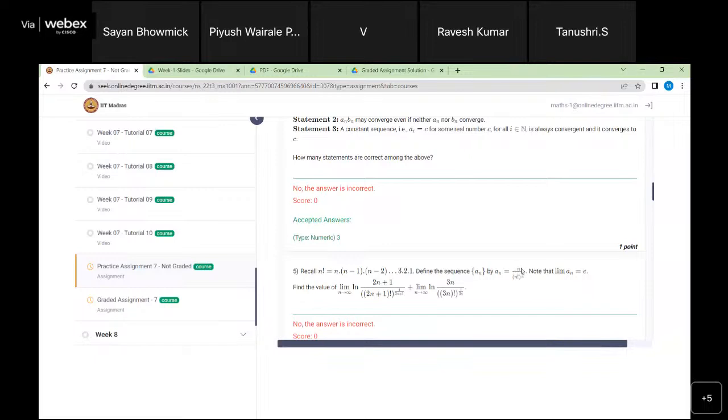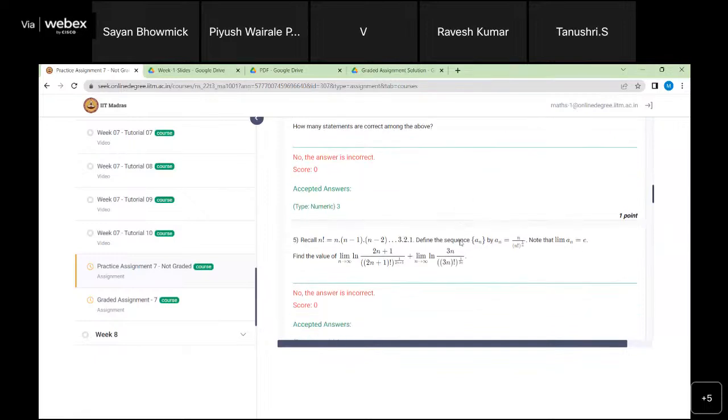So if I replace n by any function, say 2n plus 1, it will still have limit e only, right? Yes, sir. That is true. So ln of e plus ln of e, that is twice ln of e, right? This ln is natural log, so ln of e to the base e is 1. So the answer should be 2, right?